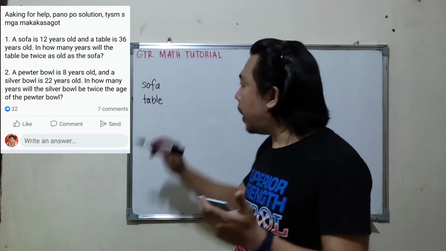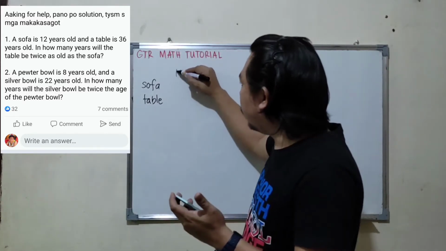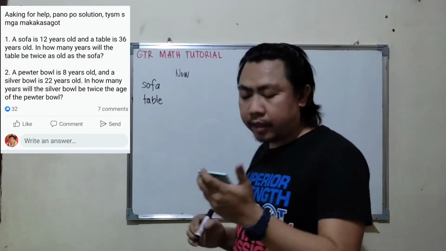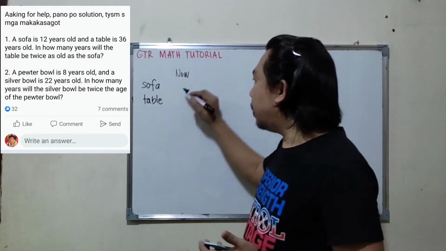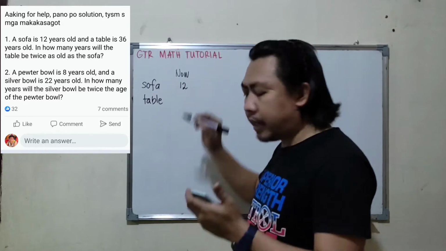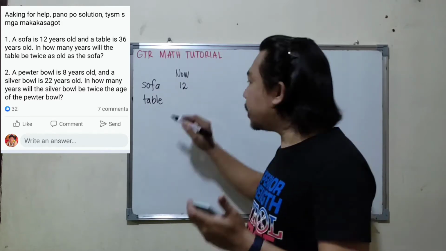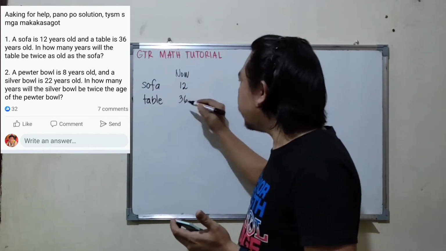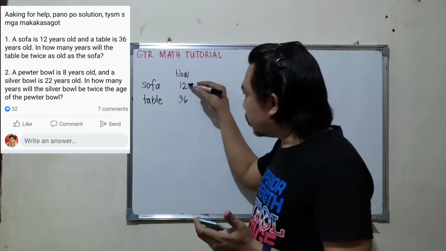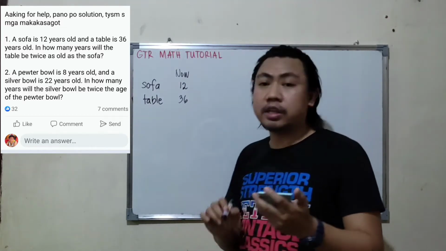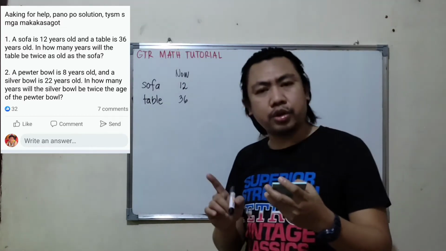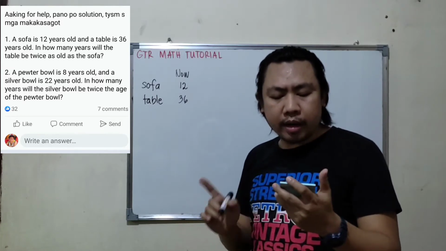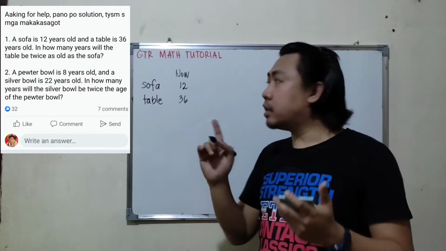So given ang age now nung sofa and table, so a sofa is 12 years old and a table is 36 years old. So lagay lang natin yung given sa now. So sofa is 12 years old and table is 36 years old. So ang question, in how many years will the table be twice as old as the sofa?